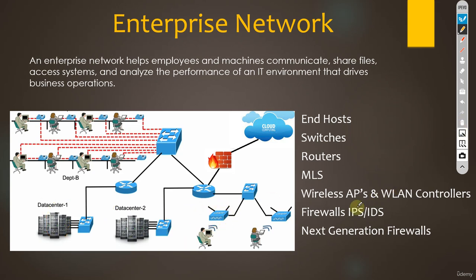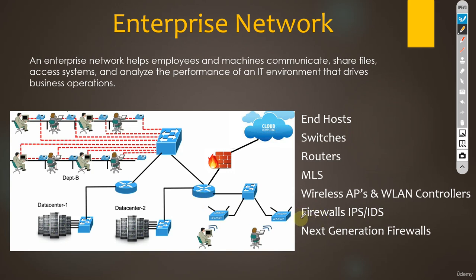Then we have firewalls, IPS and IDS. So these are basically intrusion prevention systems and intrusion detection systems. These were old devices that were being used back in the old days. Basically, some kind of sensors are installed on these firewalls that will detect some anomalies, or any kind of paranormal activities on the network.